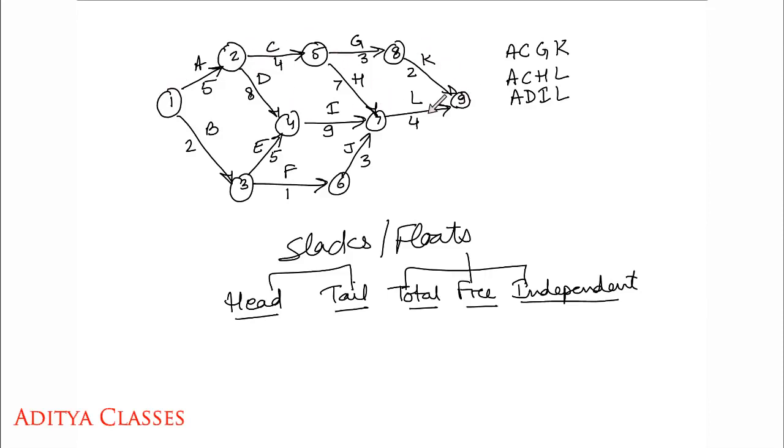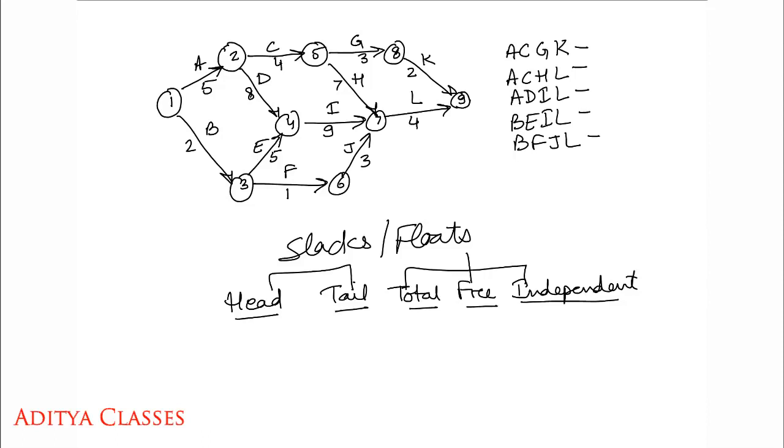Then we had a couple of paths starting with B: BEIL and BFJL. So there are 5 paths in all that we have listed.